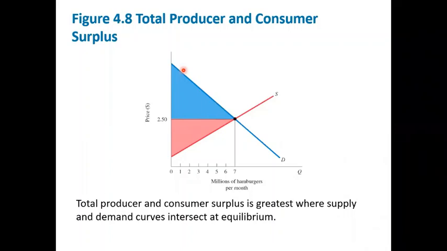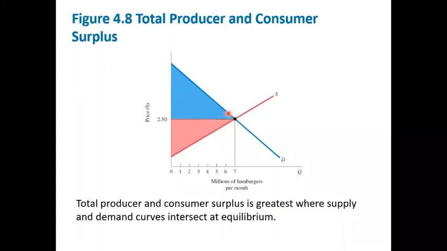Now, I can make consumer surplus bigger, but I'm going to lose something in the process. I can make producer surplus bigger, but I'm going to have to steal from the consumers, and I'm going to lose something in the process. But if you add them together, the total amount of efficiency in this market, you're never going to be better than you are here at equilibrium.